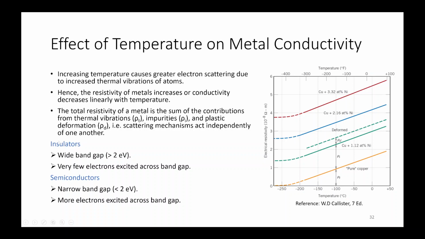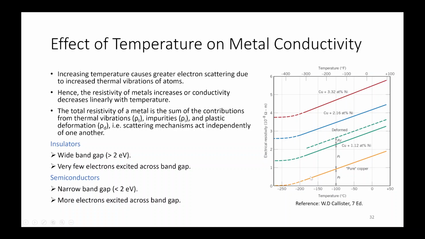Now, insulators have a very wide band gap, greater than 2 electron volts, and very few electrons get excited across the band gap. For semiconductors, this gap is less than 2 electron volts, and more electrons get excited across the band gap. Now on the x-axis we have temperature, on the y-axis we have electrical resistivity.